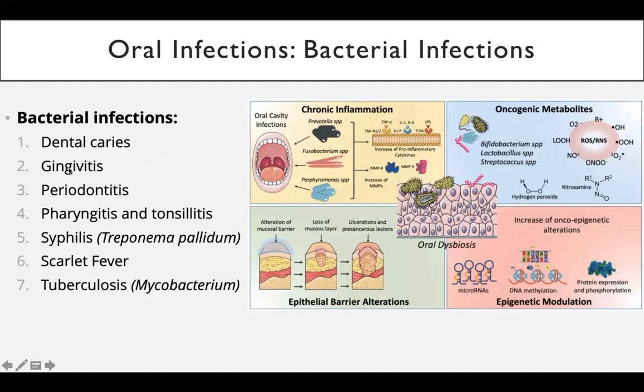Then yesterday, gingivitis and periodontitis, the topic was finished. Periodontal disease, you have already studied the pathogens responsible for causing periodontitis and periodontal diseases and the progression. And then pharyngitis and tonsillitis, you will also study in ENT, ear, nose, throat.